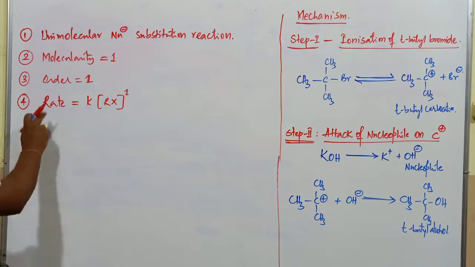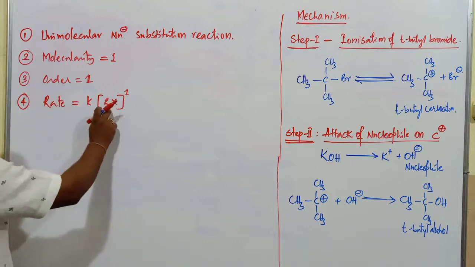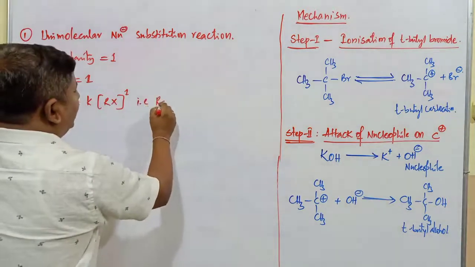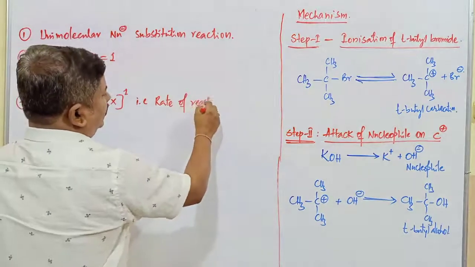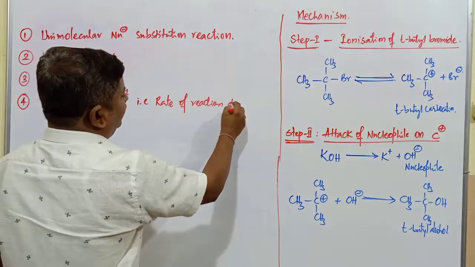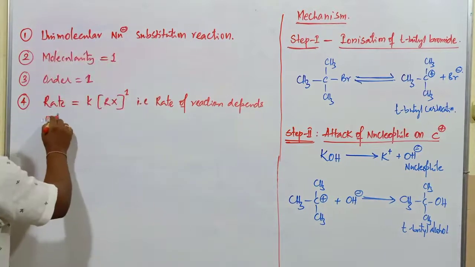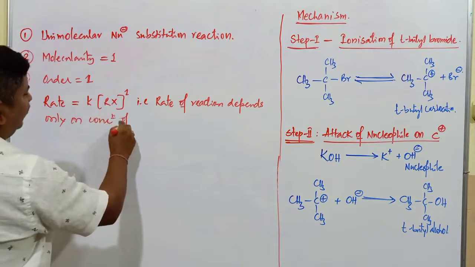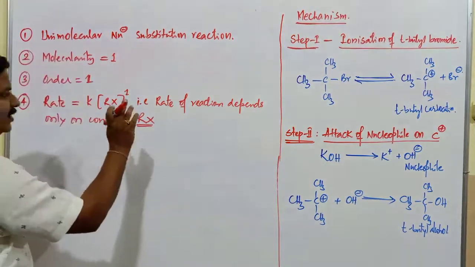The rate of the reaction depends only on the concentration of alkyl halide. Instead of tertiary butyl bromide, I just mentioned alkyl halide.